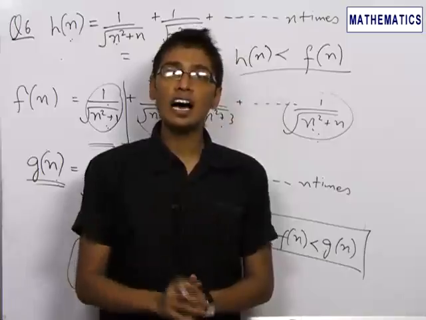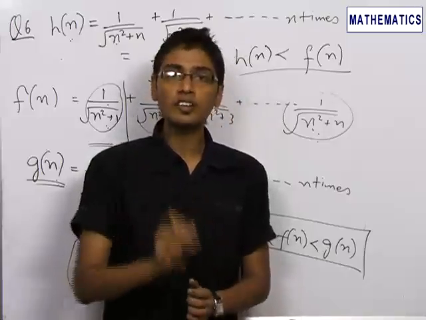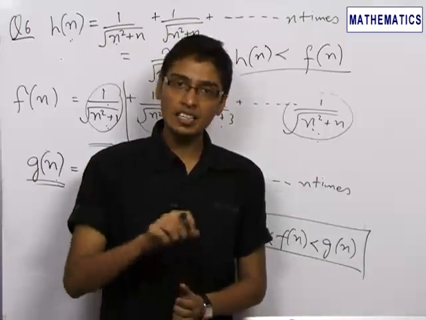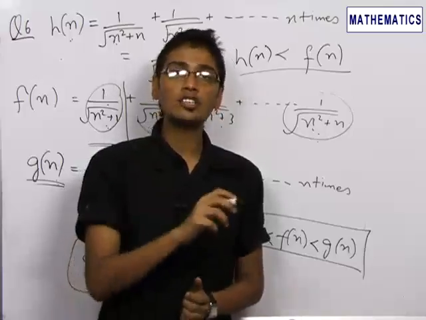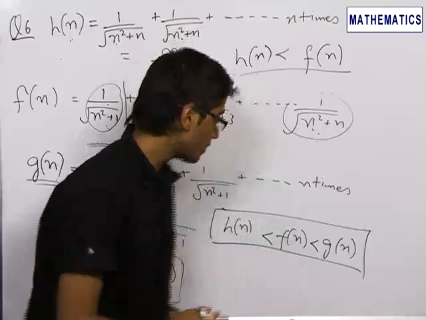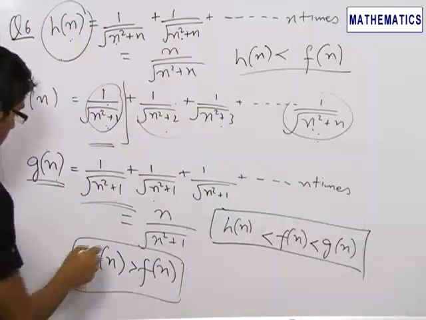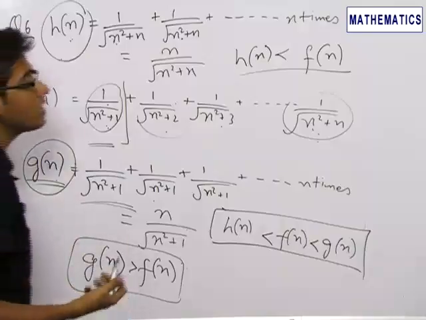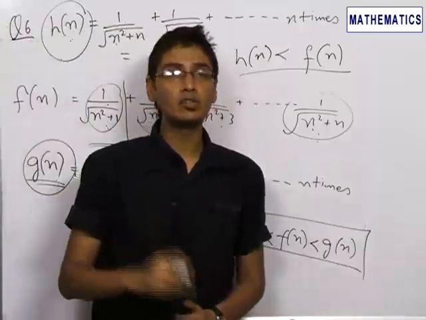If the two limits are equal, then the function f of x, which is sandwiched between the two functions g of x and h of x, the limit of this f of x at the given point will also be equal to the limit which g of x and h of x are attaining. Now we try to check whether this h of n and g of n have the same limit or not as n tends to infinity, because we want to find the limit of f of n as n tends to infinity.